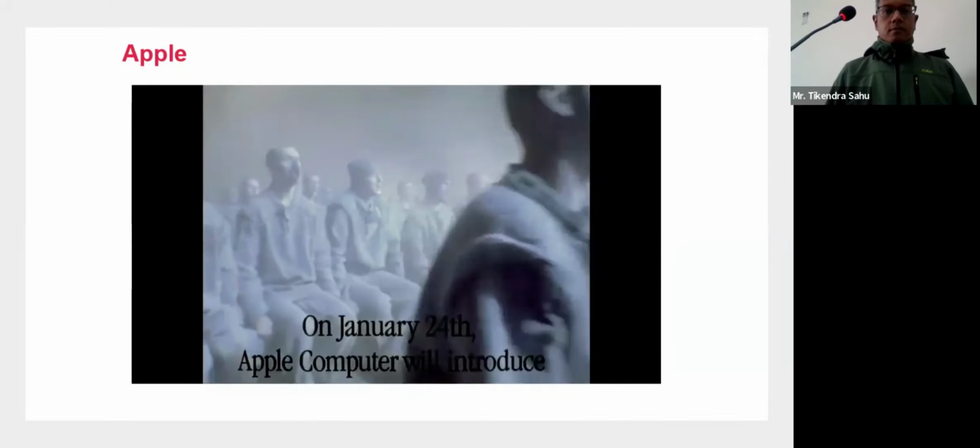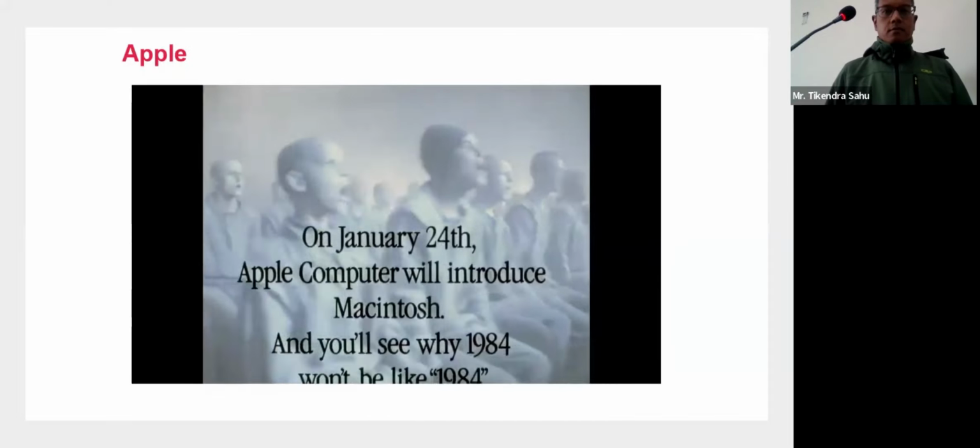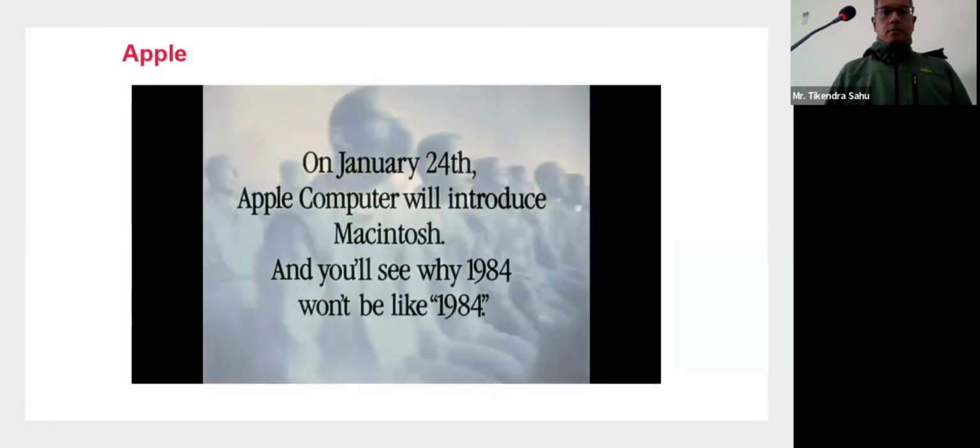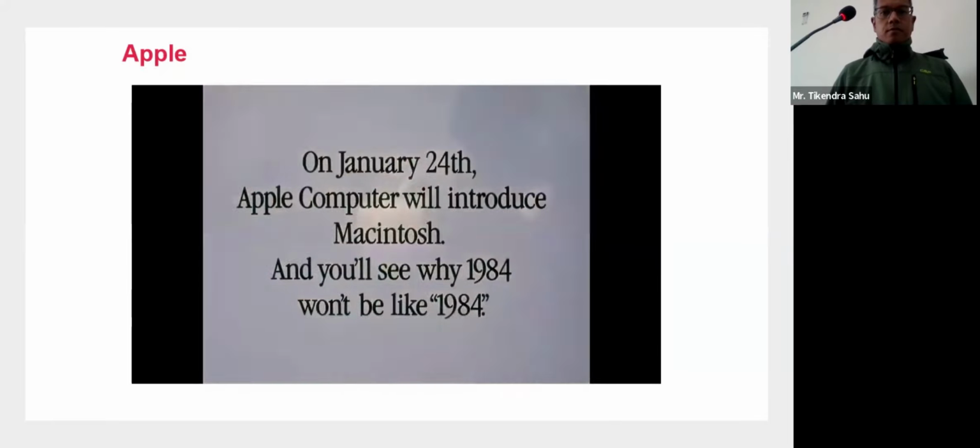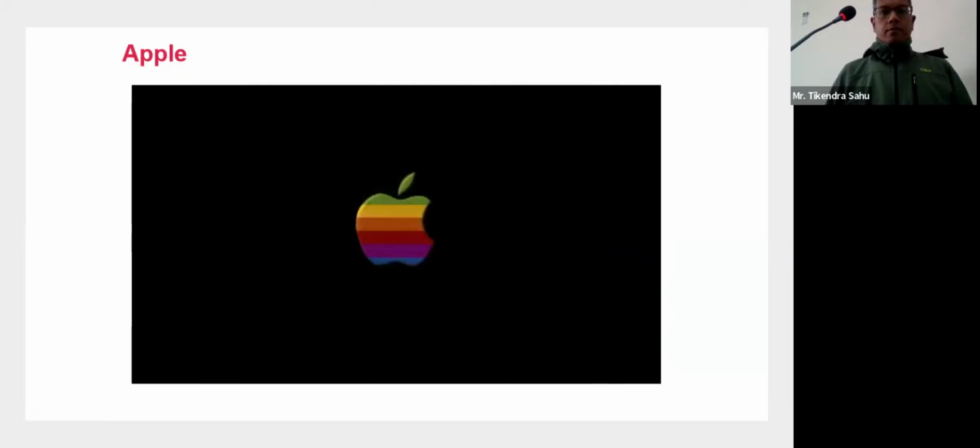On January 24, Apple Computer will introduce Macintosh, and you'll see why 1984 won't be like 1984.